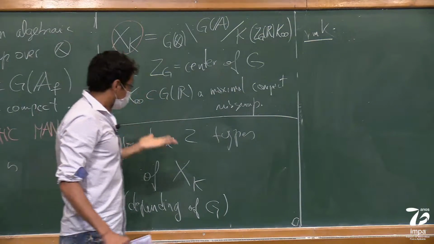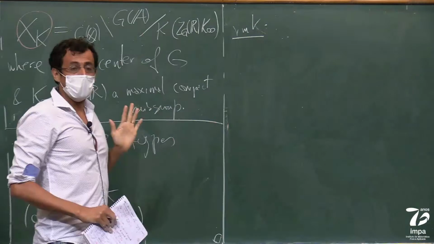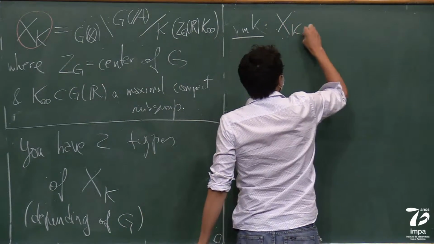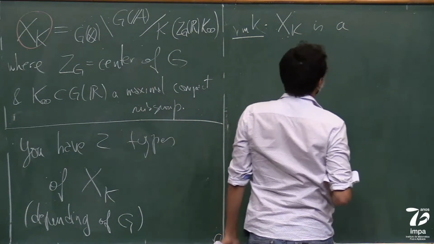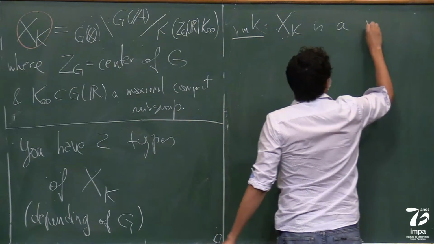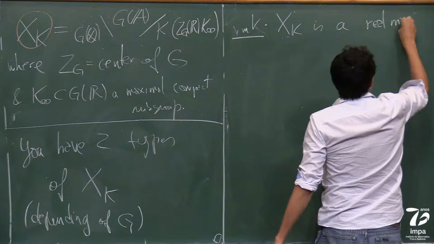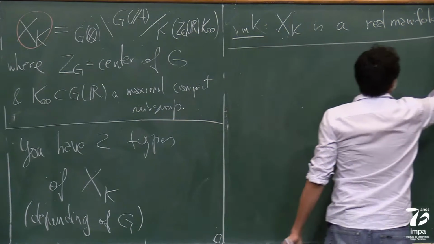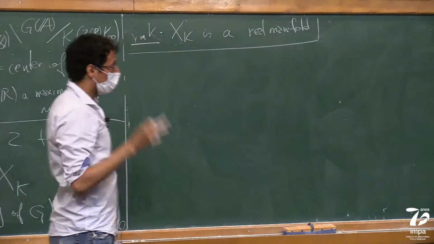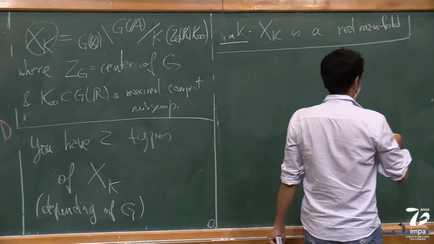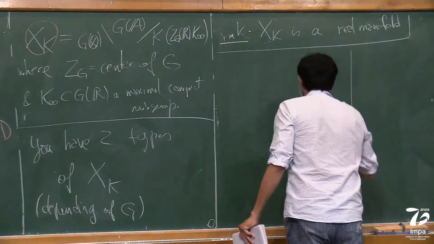So a priori it's just a real manifold. And in this generality, you cannot say anything more, okay? But you have two cases that you are interested in. You can split them here now.